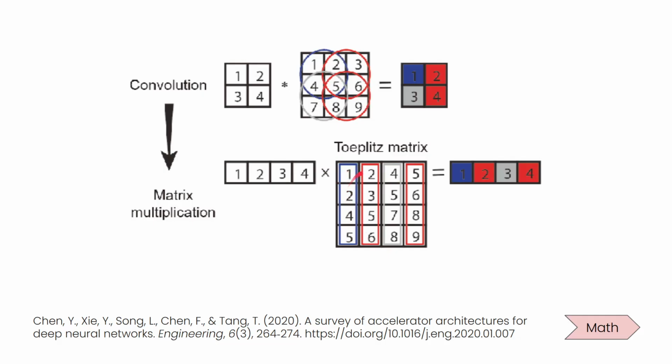And the reason is that numbers are being duplicated. So the second element, it only came once in the original input activations. In the Toeplitz matrix, it's duplicated twice. This number 5, 1, 2, 3, 4, 4 times it's repeated compared to in the original matrix.